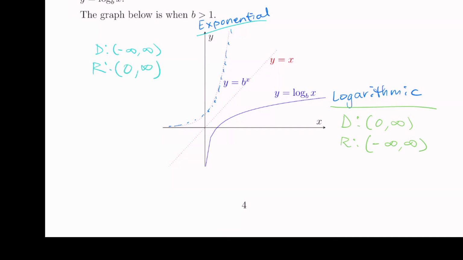So we can see that in the graph. And keeping this in mind is going to be very important when it comes to solving, but also when it comes to evaluating our logs on the very next page.